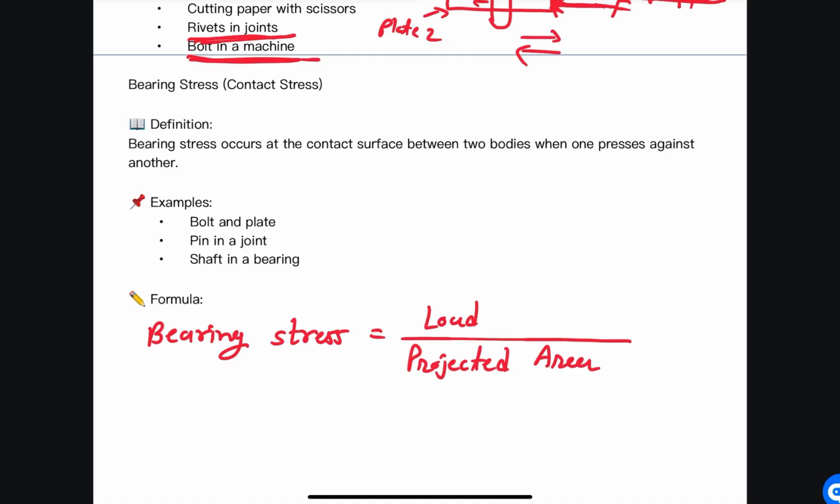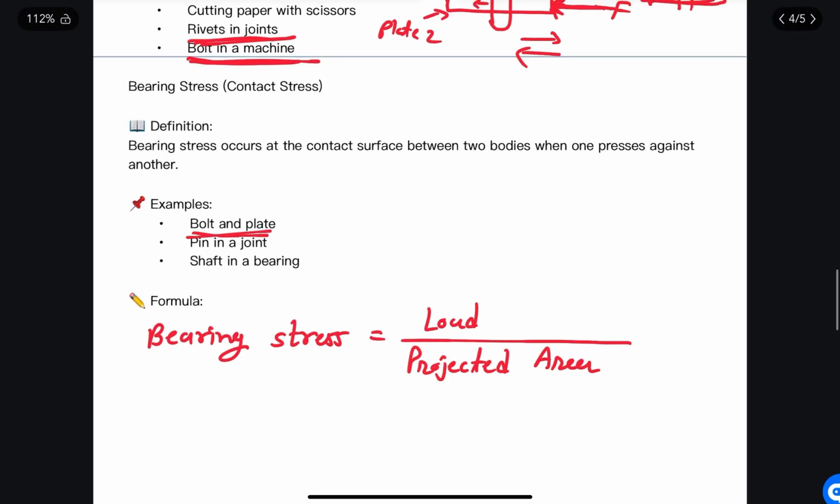So bearing stress is generally applied when there are two parts joined together, and one part is applying force on the other part. For example, the best example is a nut and bolt, or nut and plate. There is one plate on which, with the help of a screw, we apply the bolt and we fit it.